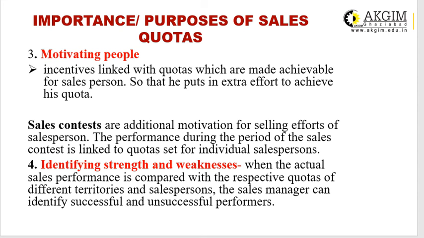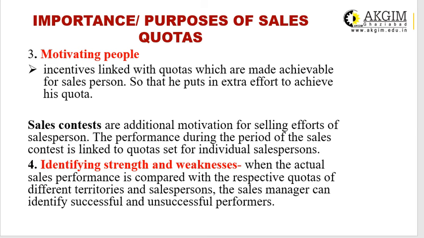The next one is identifying the strengths and the weaknesses of the salespeople. If the sales manager is able to identify whether the salespeople are working according to the performance standard that has been set in the various territories, the sales manager can identify the successful and the unsuccessful performance.